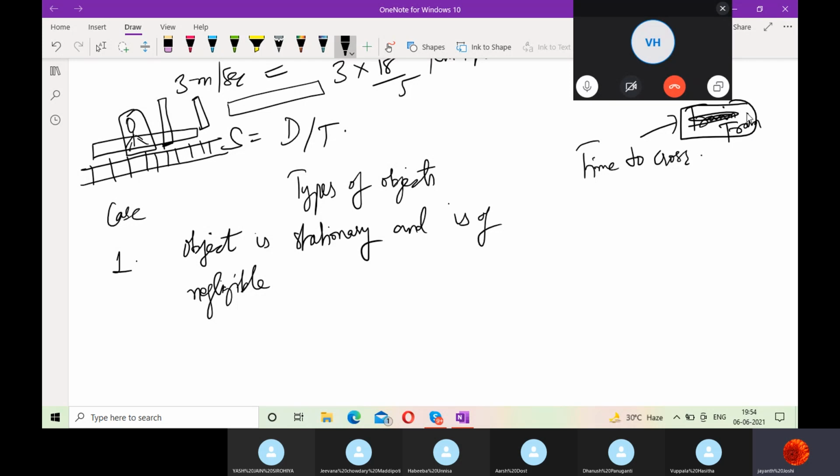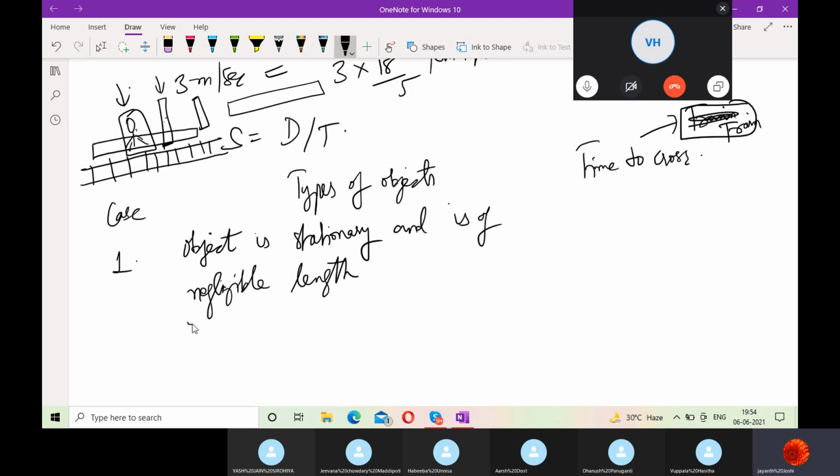Either the train would cross an object which is stationary, which is nothing but a man, or the train would cross a pole, which is a stationary object. Do these stationary objects have any length? Please tell me. No, they have a negligible length. So the object is stationary and is of negligible length.